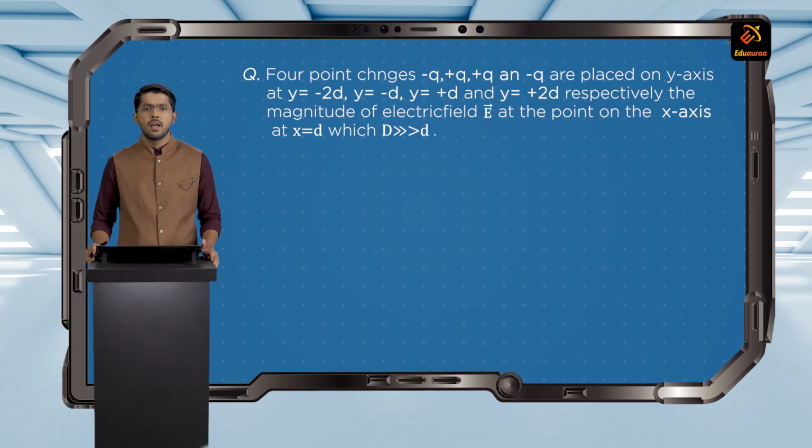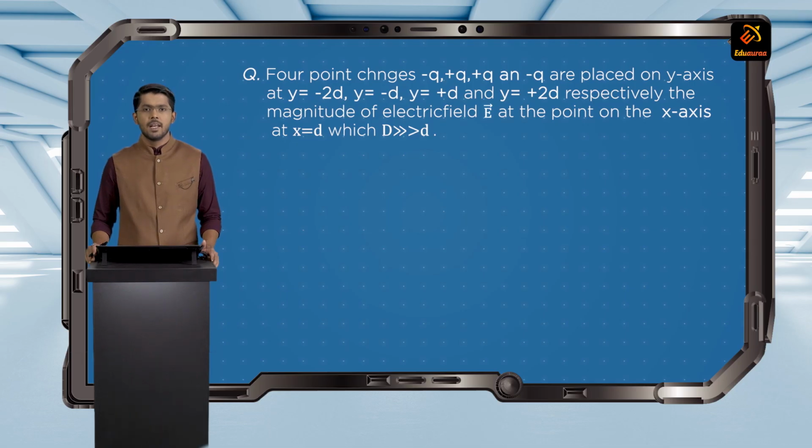4 point charges minus q, plus q, plus q and minus q are placed on the y-axis at y equals minus 2d, y equals minus d, y equals plus d and y equals plus 2d respectively.